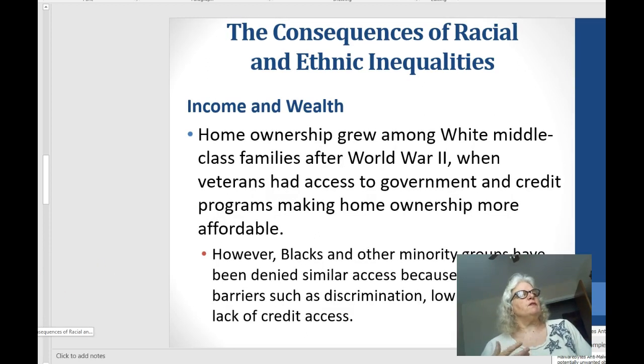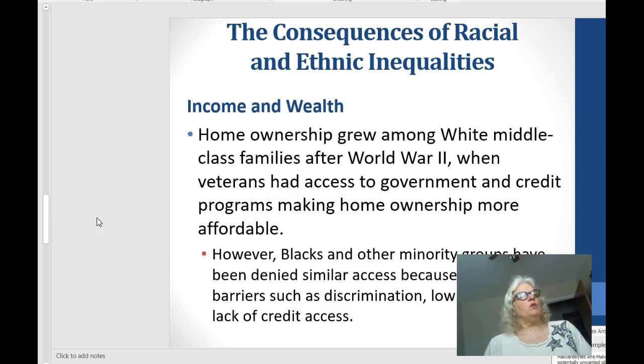There are significant differences for home ownership, and that is tied to previous histories. We saw such things as redlining, and we'll talk about that further when we look at urban development and the effects on society.